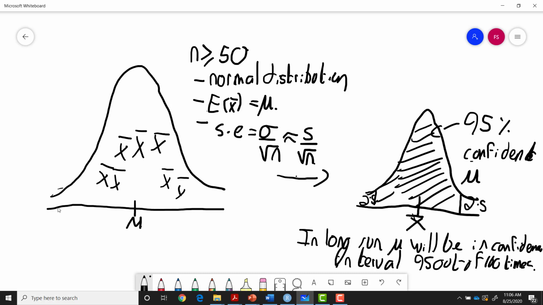So if we take a sample, take another sample, 95 times out of 100, the true mean will be in our confidence interval.